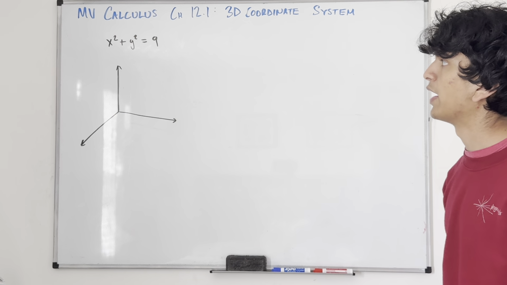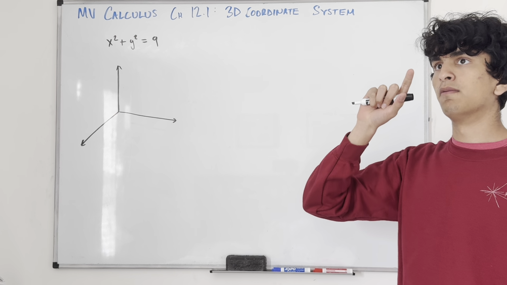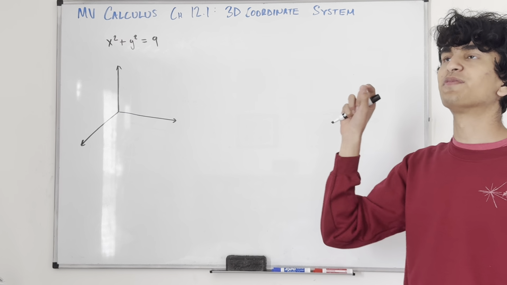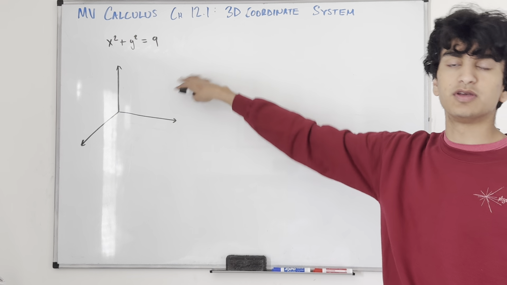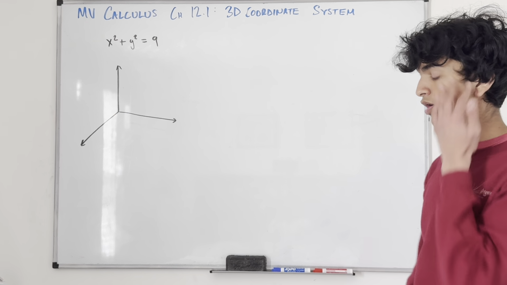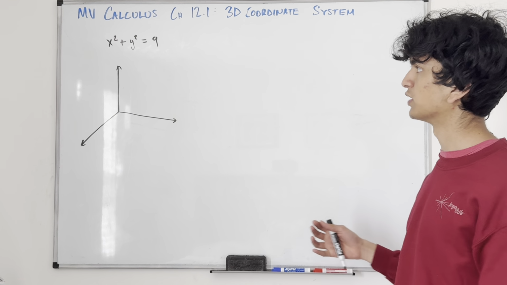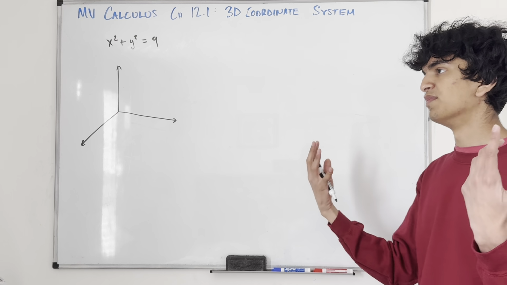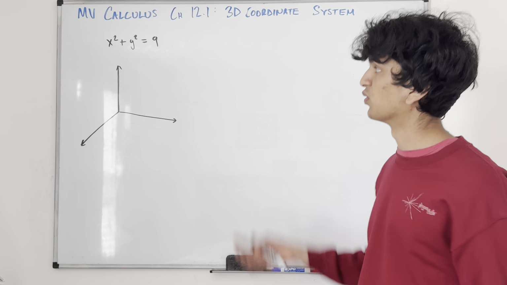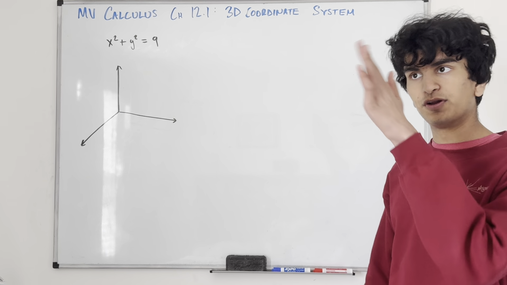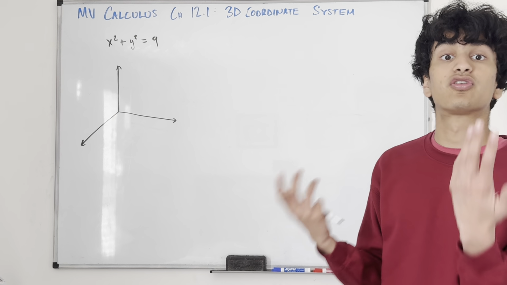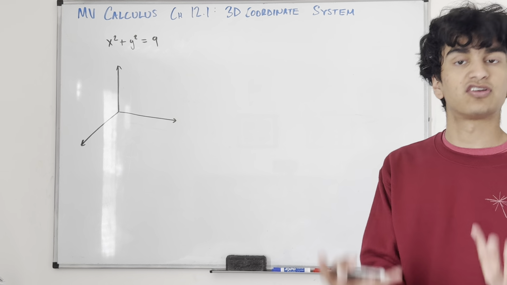For every point on this curve in the 2D world, the sum of the squares would equal 9. So every point is a distance 3 from the center, but that's just a circle.